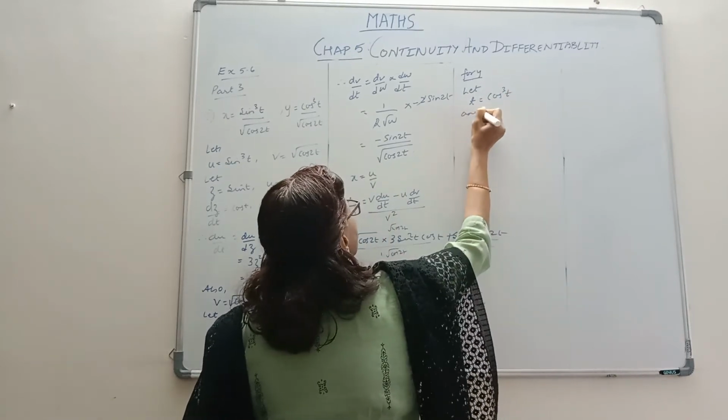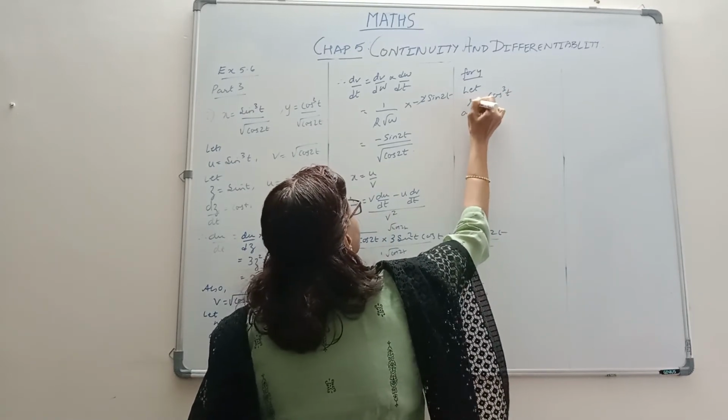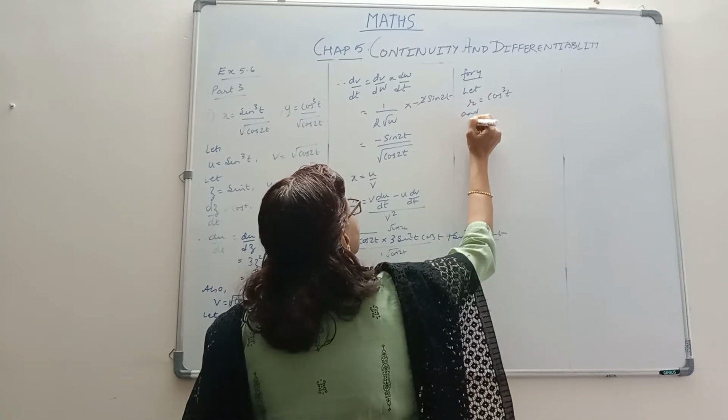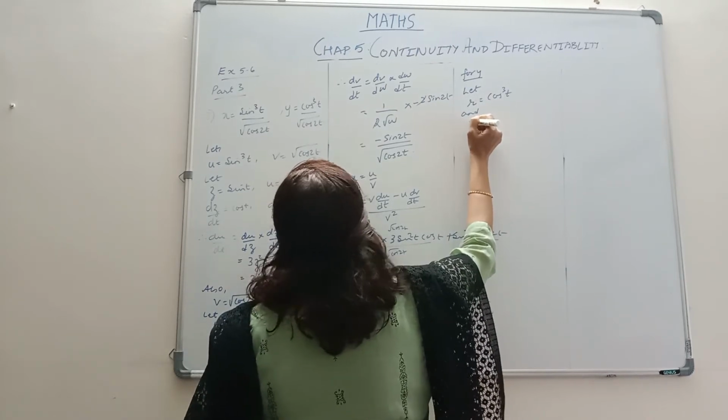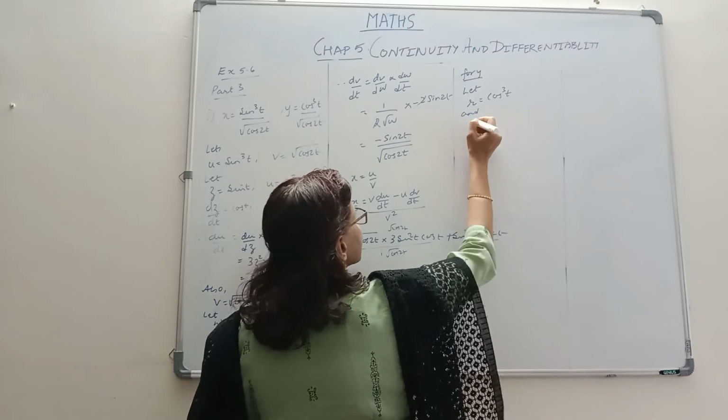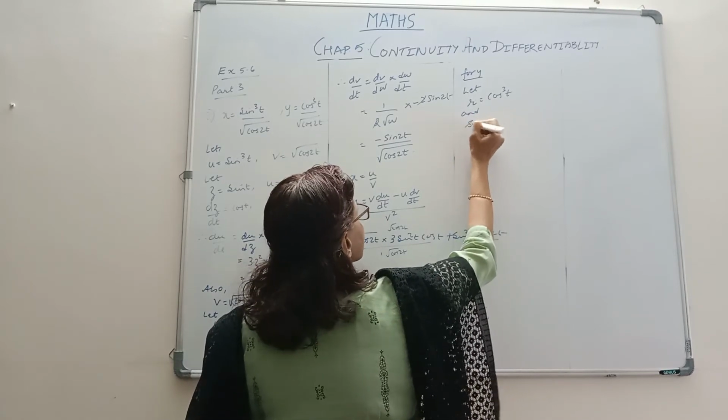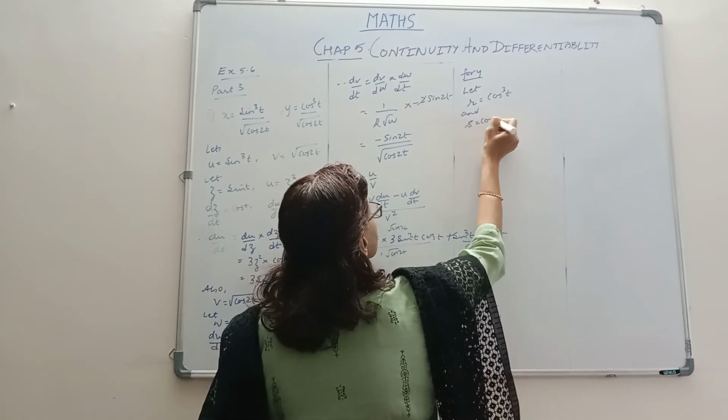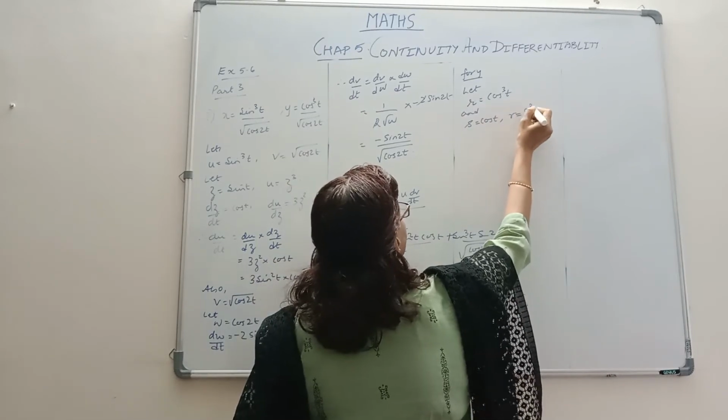And for r, we cannot have t, and z we have taken w. We can take it once again, but then let's take something else. S we can take, s be cos t, so r becomes s cube.